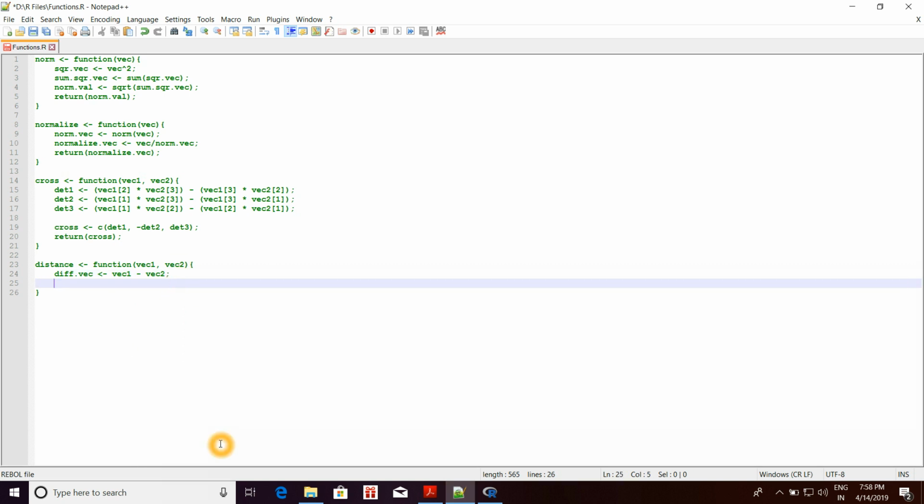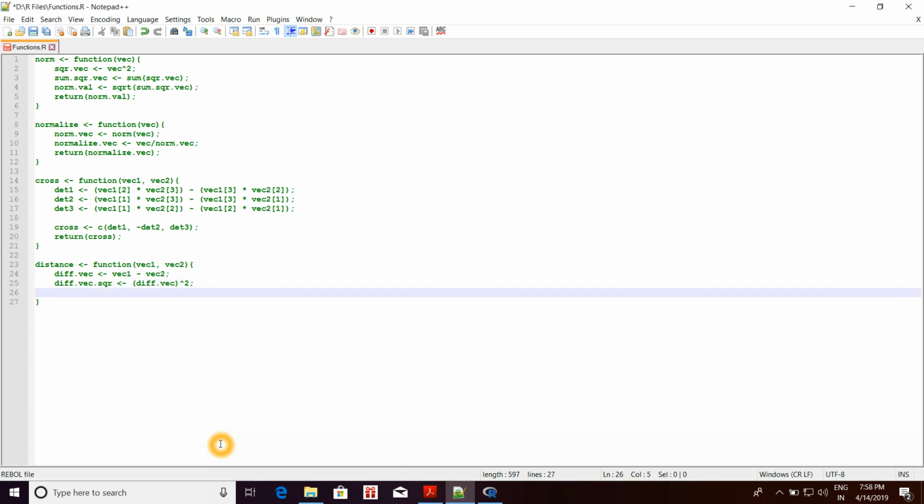So difference dot vec dot square will be difference dot vec, and then the usual caret 2, and then we have to sum it up.